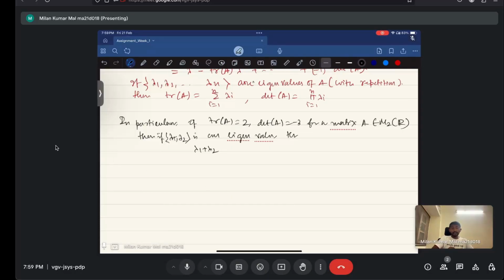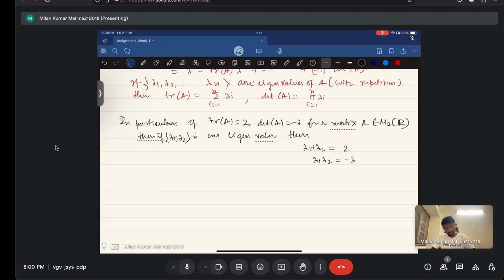Here the matrix is of order 2, so let lambda 1 and lambda 2 be the two possible eigenvalues, which can repeat, I mean lambda 1 can be equal to lambda 2. So according to the previous result, lambda 1 plus lambda 2 is equal to 2, and lambda 1 lambda 2 is equal to the determinant, that is -3.